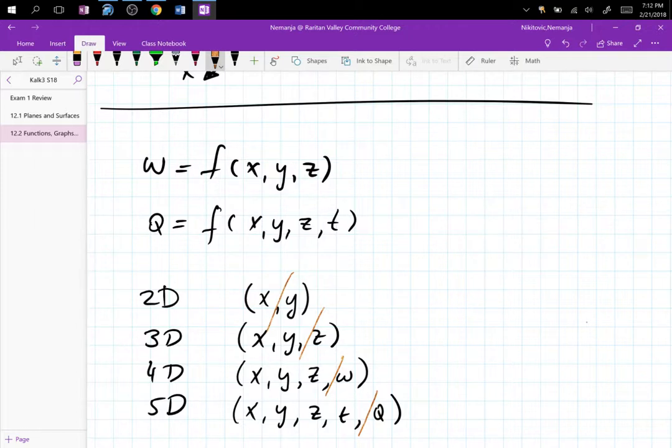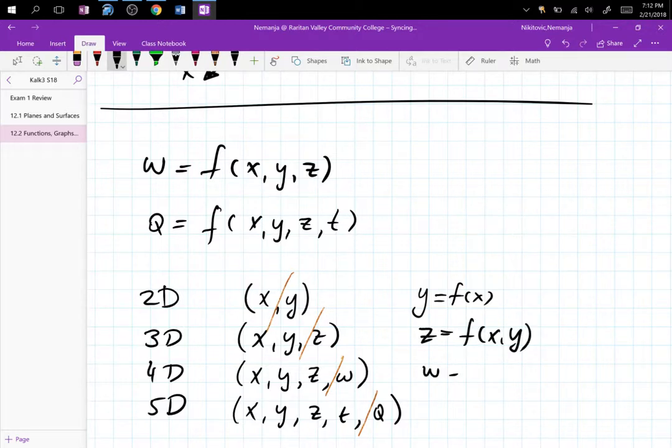Now, when you look at the associated equations, you are going to look at y equals f of x, z equals f of x, y, w equals f of x, y, z, and then in this case q equals a function of x, y, z, t.